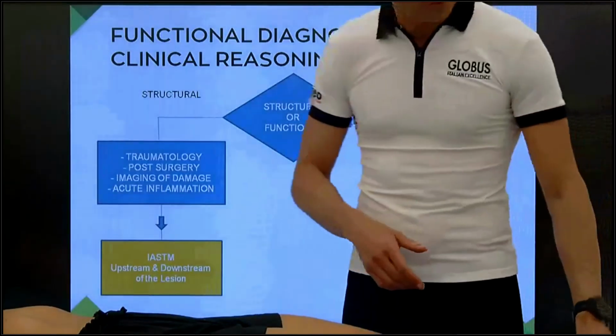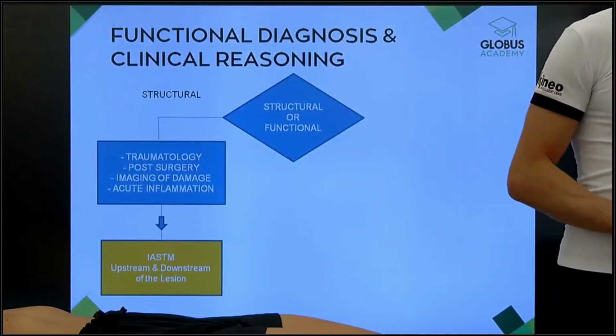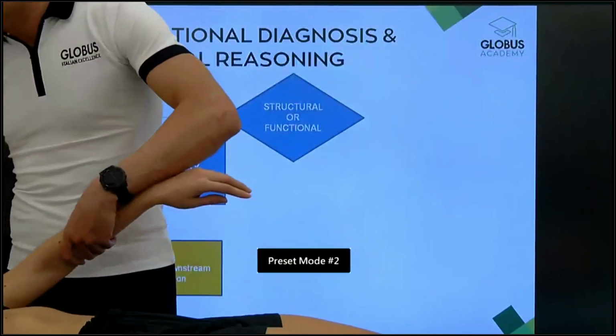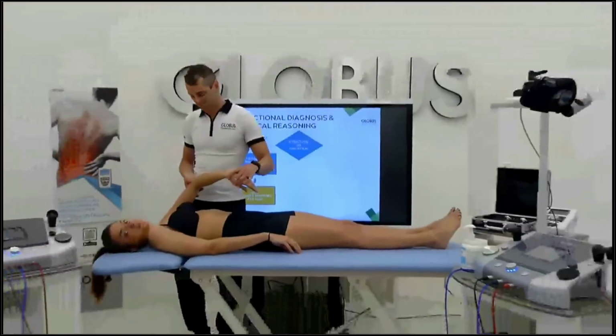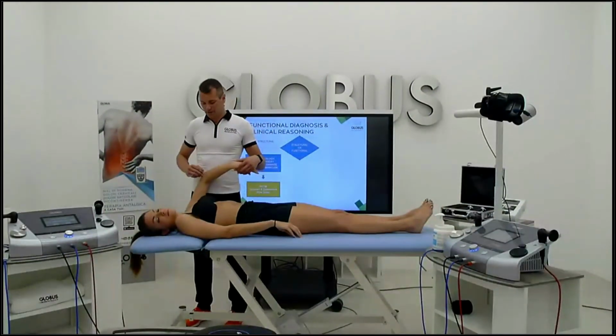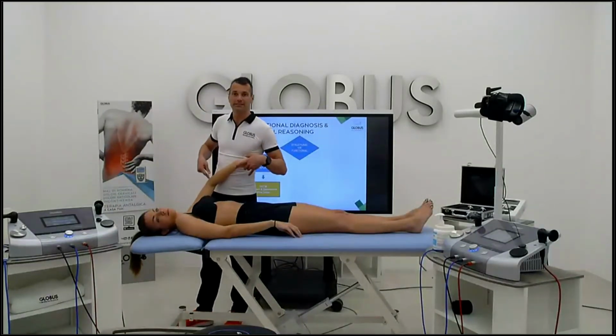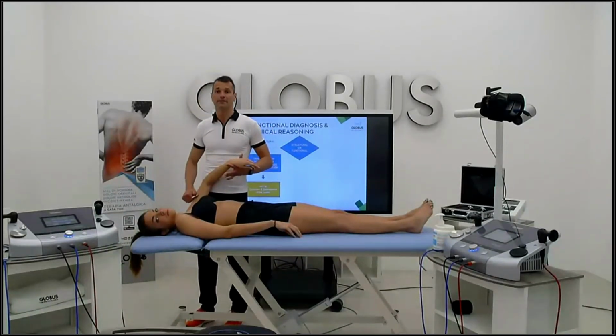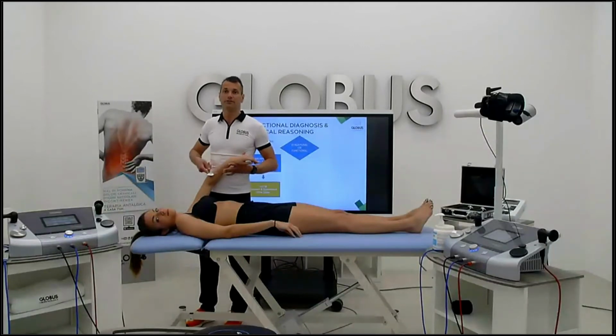It means, for example, if I got a very acute lesion on the elbow, just imagine I got a rupture of the extensors of the wrist. So for sure, I'm not going to treat straight the area of the lesion. But what I can do is treat the proximal part and distal part of the lesion.